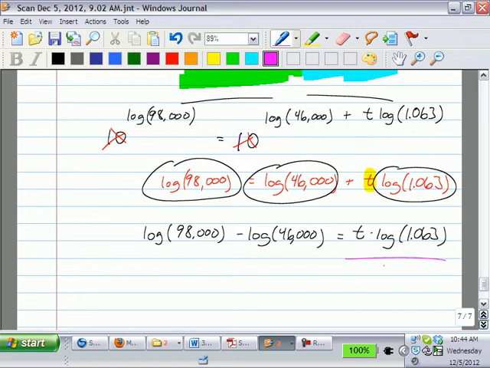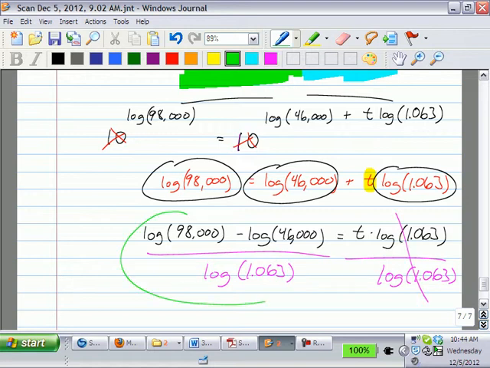Then divide both sides here. Okay, so there's my final answer.